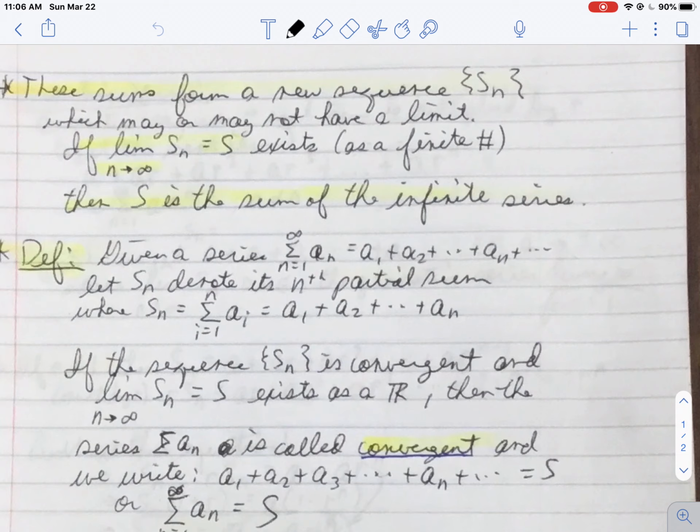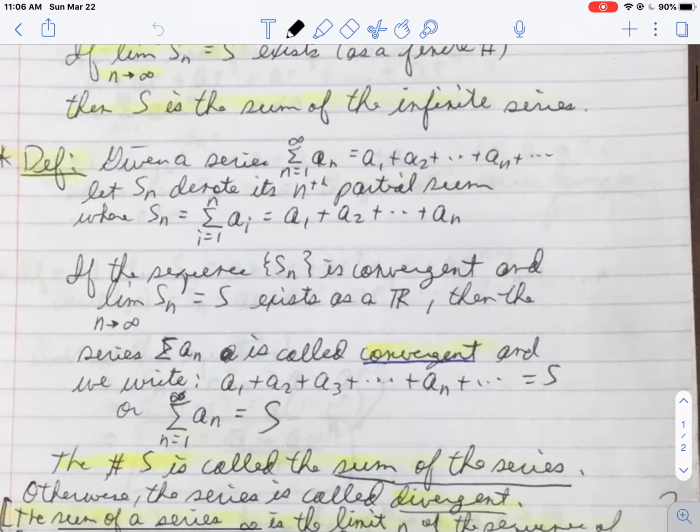So even though we're adding an infinite number of terms, we may be able to come up with a sum for that series. And ultimately, going forward, it's not going to be so much about the sum itself, but whether or not it exists. Can I determine whether a series actually has a sum or not? Being able to determine what that sum is going to be is somewhat limited.